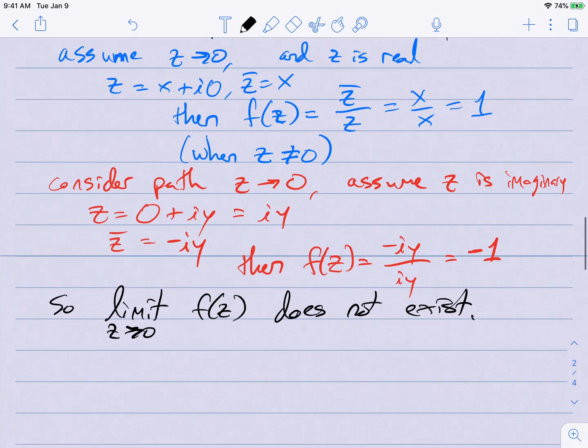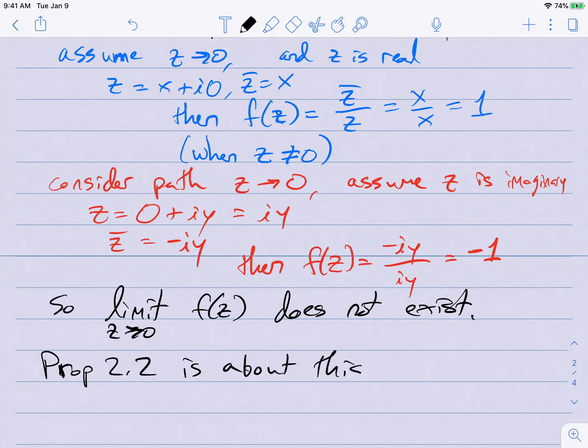And as you read the textbook on your own for this section, which is section 2.1, by the way, you're going to read proposition 2.2, and the book phrases it in kind of a technical way, but it's about exactly this idea. So when you read proposition 2.2, you should think about it this way.